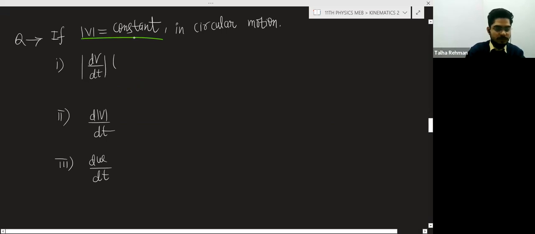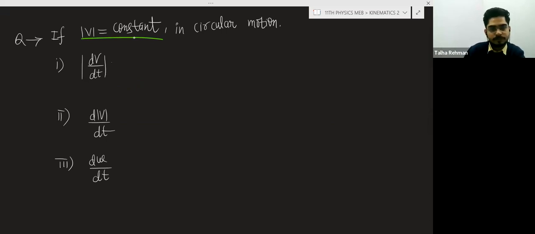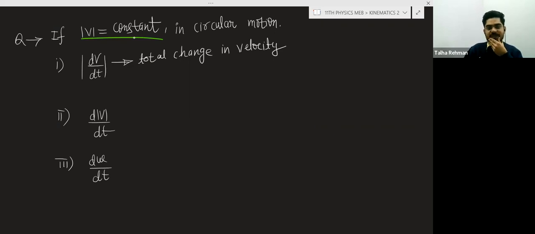This is the total change in velocity with time, and this is d omega by dt, the rate of change of angular velocity.